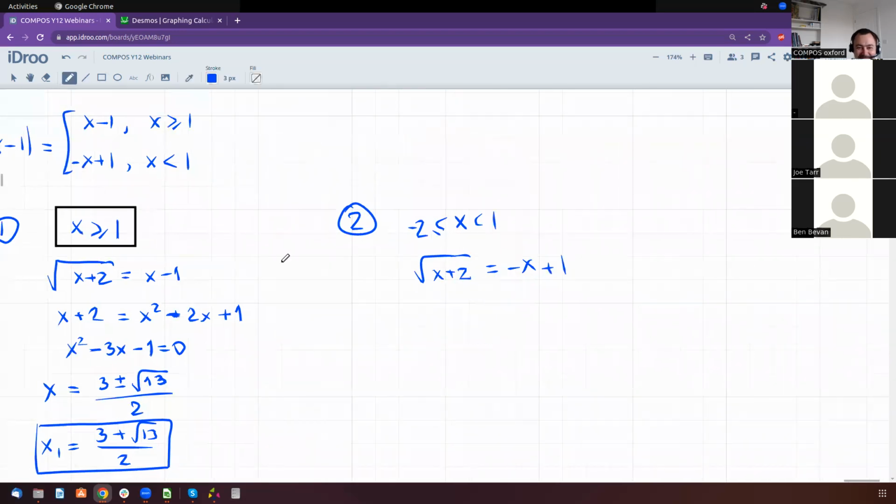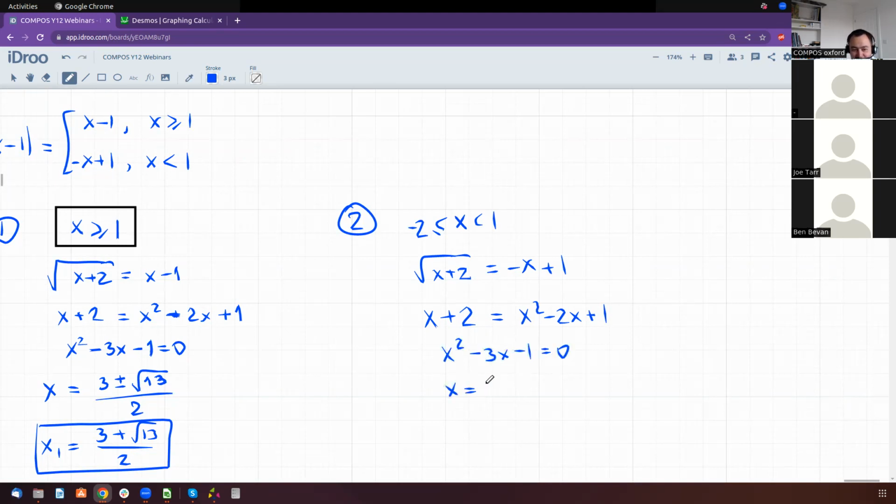Okay, that's funny. You'll see in a bit why, because when we square it, it becomes the same thing. x plus 2 is equal to x squared minus 2x plus 1. Okay, it's the same equation: x squared minus 3x minus 1 equals 0.